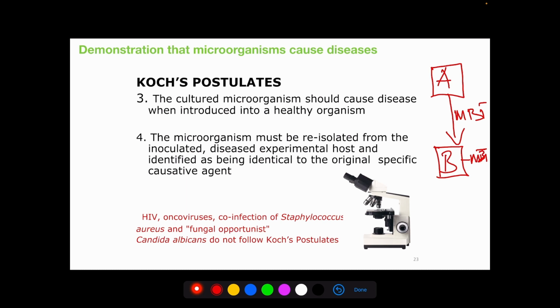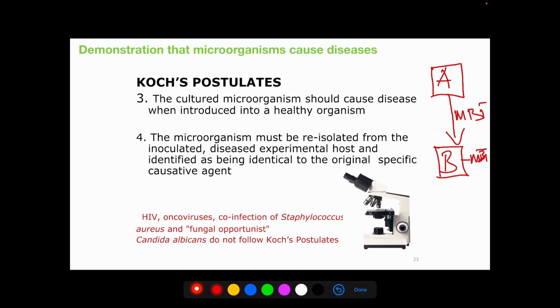And finally, he said the microorganism must be re-isolated from the inoculated diseased experimental host and identified as being identical to the original specific causative agent. This is very simple.